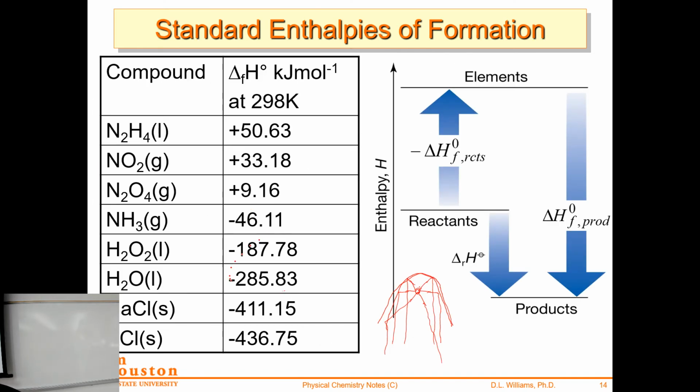of this number here, so negative 285. And then the hydrazine is plus 50, and we're going to be subtracting that number. So 2 times 285, someone calculate that for me, would you? It's close to 300. So that'd be negative 600 plus another negative 50, so negative 650.